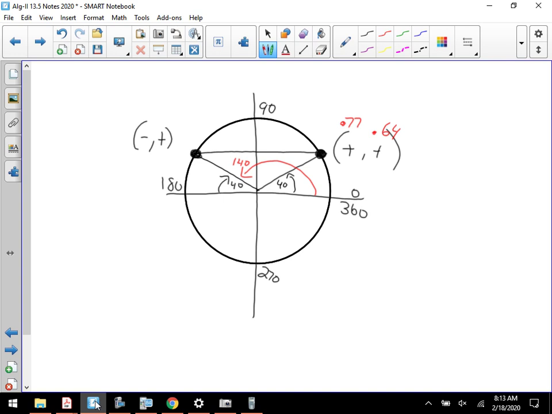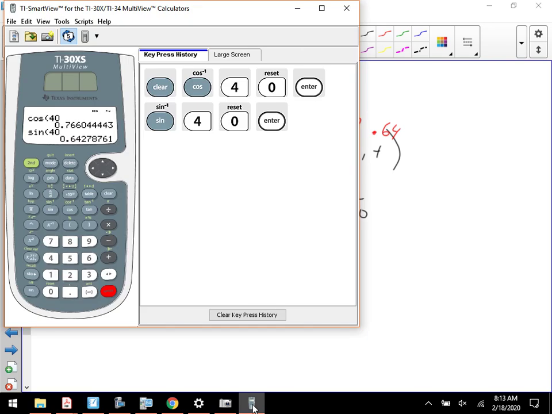Now, do the same thing at 140. What is the cosine of 140? What is the sine of 140?